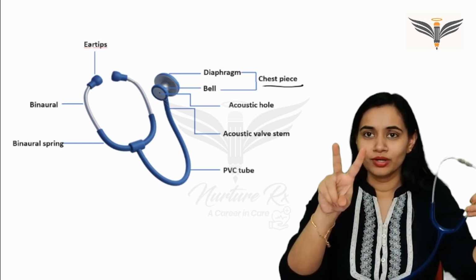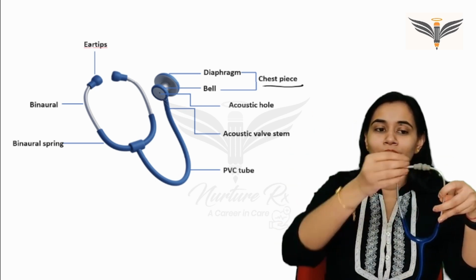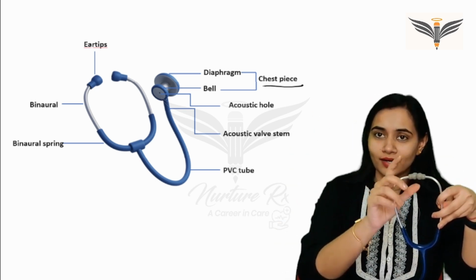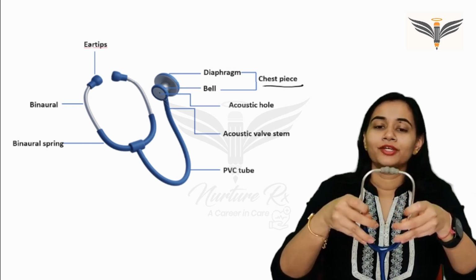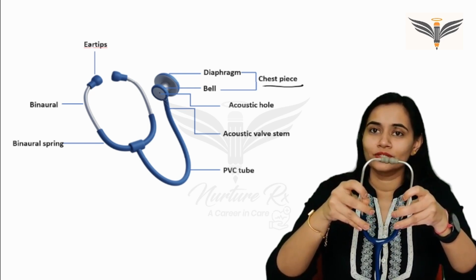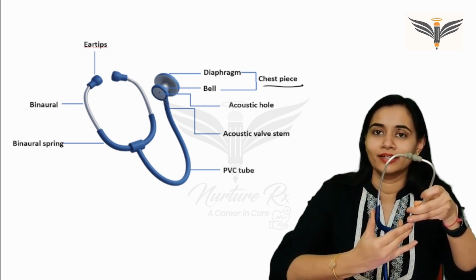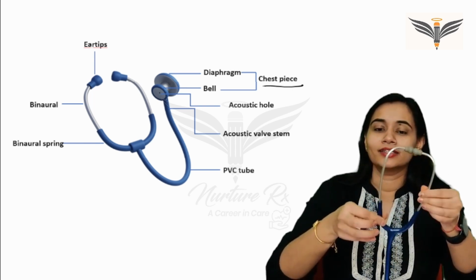Bi means two and aural is something related to hearing. So, this is leading towards your earpiece. And why spring? When you stretch it like this, it comes back to its original position on its own. It has a spring mechanism, right? So this is the binaural spring and this is the binaural.